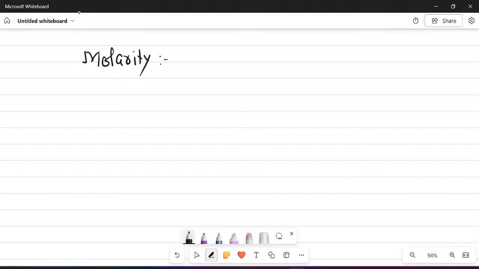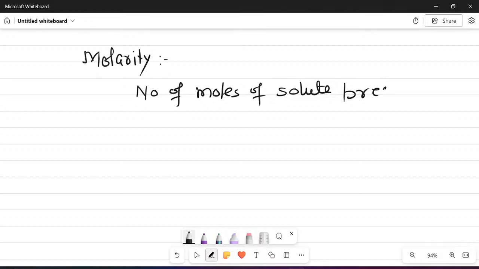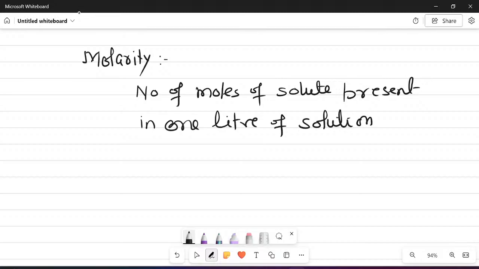So molarity means number of moles of solute present in 1 liter of solution. So this is the definition of molarity.